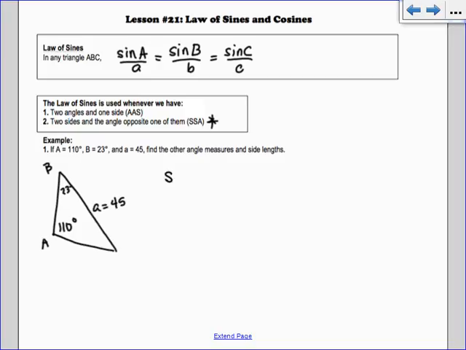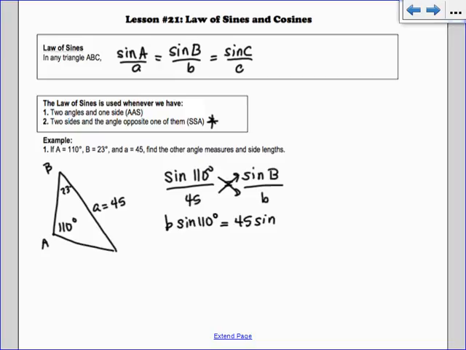When we set it up, we have sine of angle A, which is 110, over little a, which is 45, equals sine of angle B over little b. We have angle, angle, side, so we're not in any danger of having the ambiguous case. When you cross multiply, you get b times sine of 110 equals 45 times sine of 23.